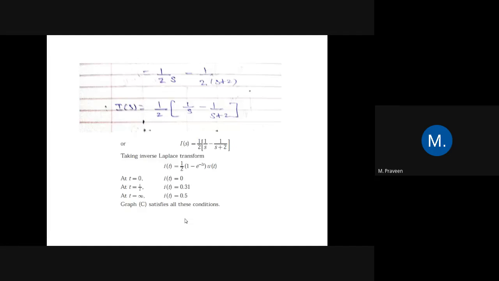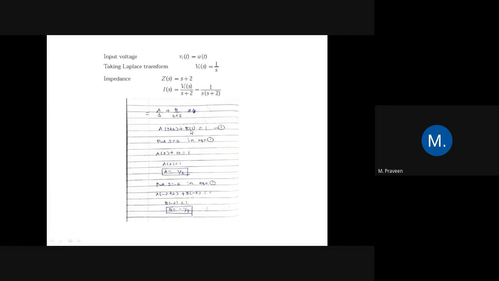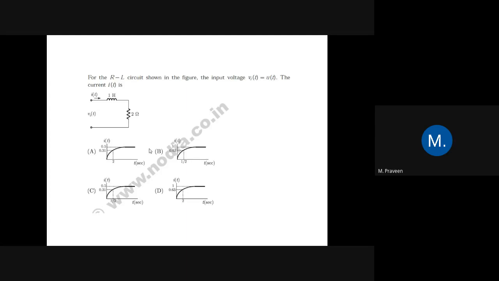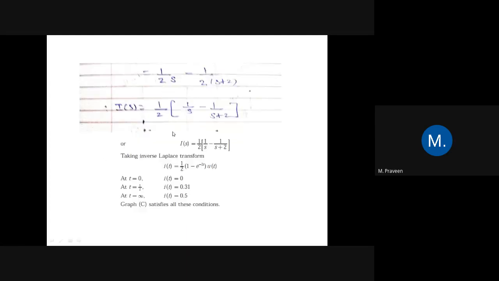Now we substitute the A and B values into A by S plus B by S plus 2. We get 1/2 into 1/S minus 1/2 into 1/(S plus 2), which is I of S. Next we have to find I of t, because the graphical representations are given in the time domain. To convert to the time domain, we take the inverse Laplace transform.